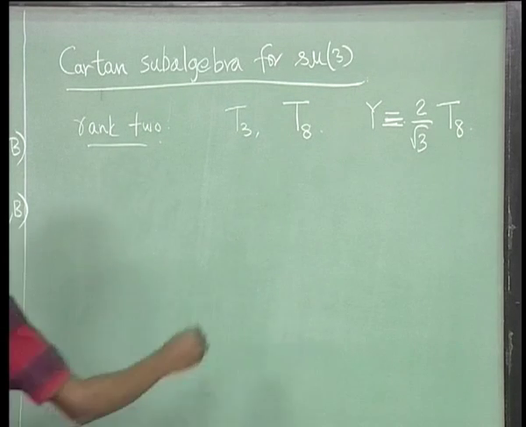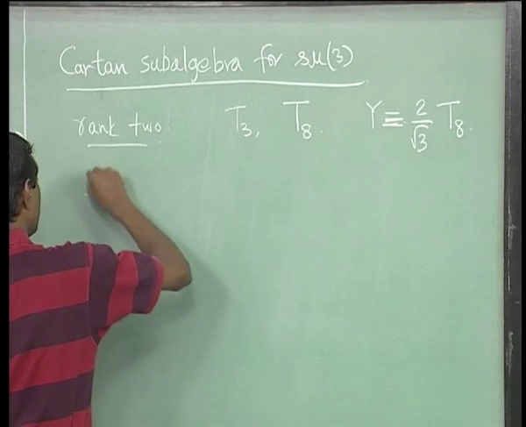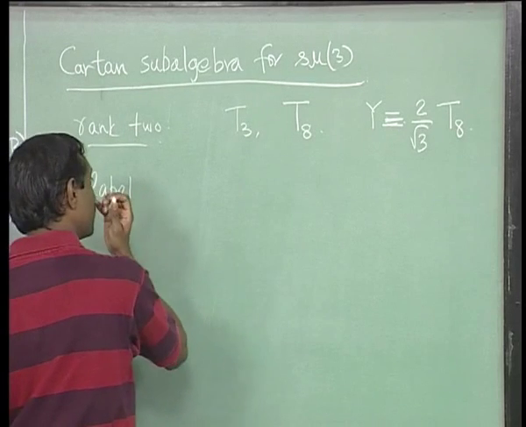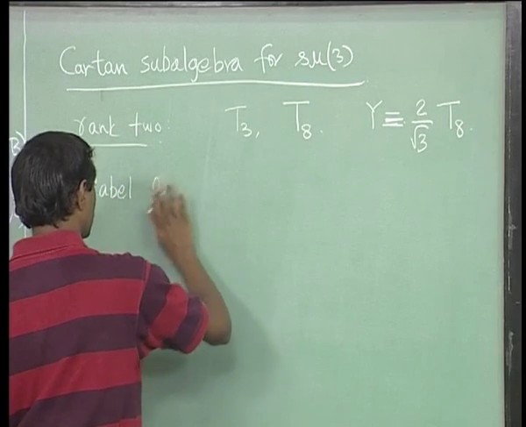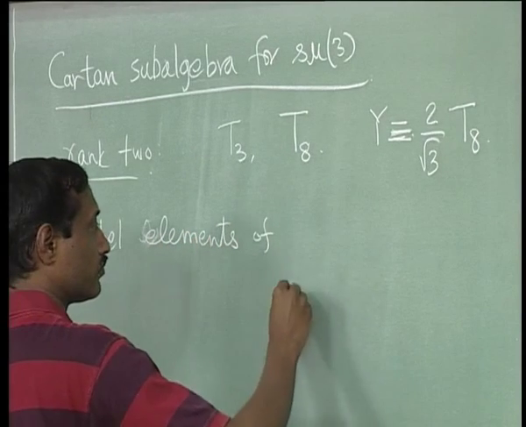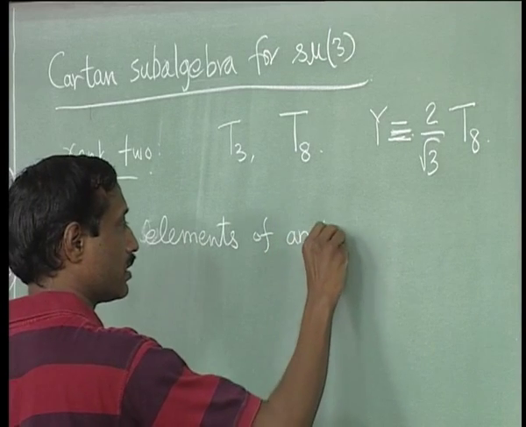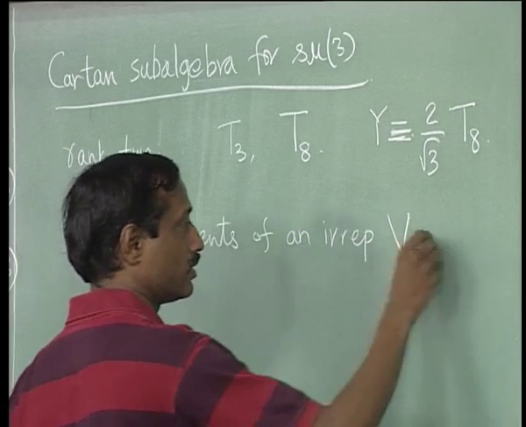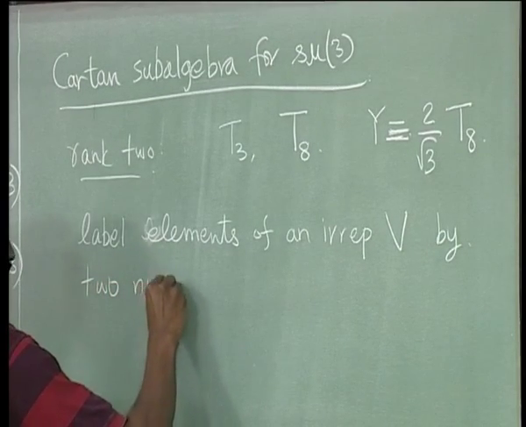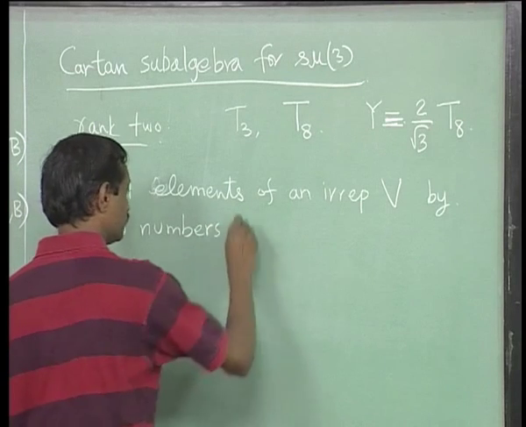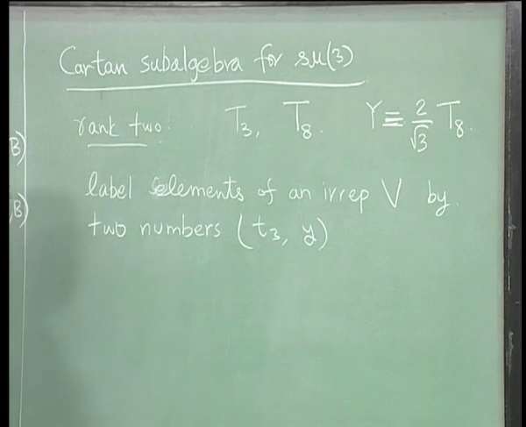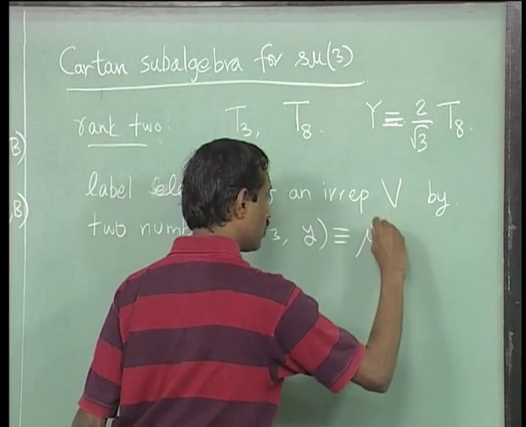So in other words, we label vectors, I mean elements of an irrep V, by two numbers, T3 and Y. I'll combine this combination and I'll call it mu.